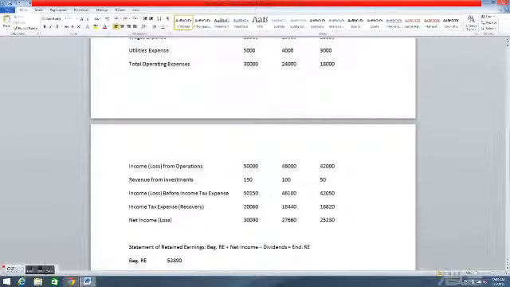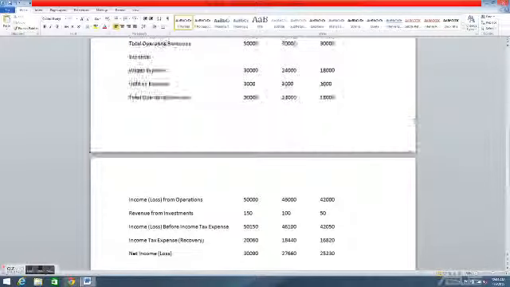And then this is the only one that's not a core result in this multiple-step income statement, revenue from investments. And that's a peripheral result. It means it's a revenue or expense that comes from an activity of the company that isn't a main activity of it. And investments is not a main activity of this company, so therefore it's a peripheral result.